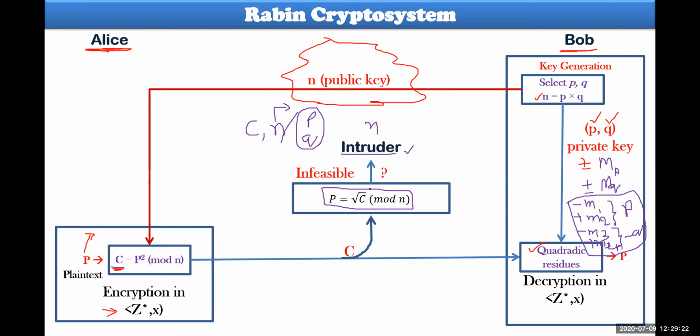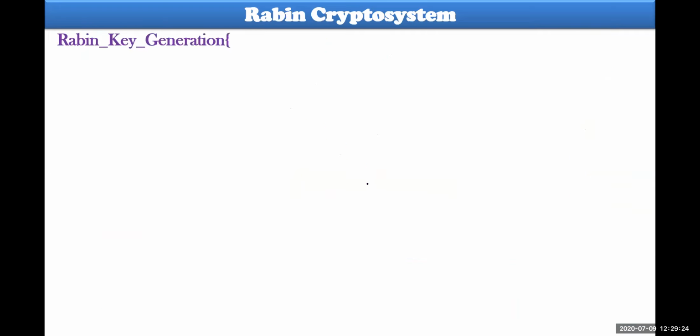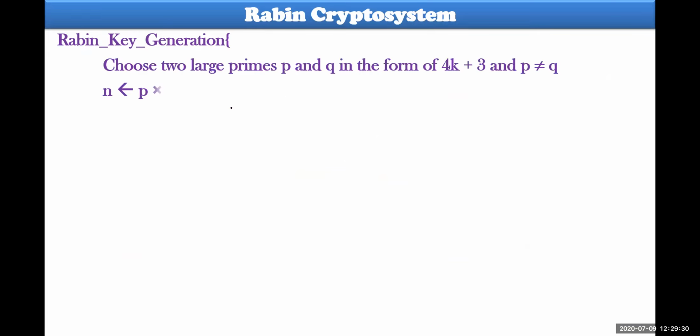Okay. Then based on this, let us have a look at Rabin key generation, how this could happen. Some algorithms can be taken into consideration. He must choose 2 different values, P and Q, which are very large prime values, and they must satisfy 4K plus 3.